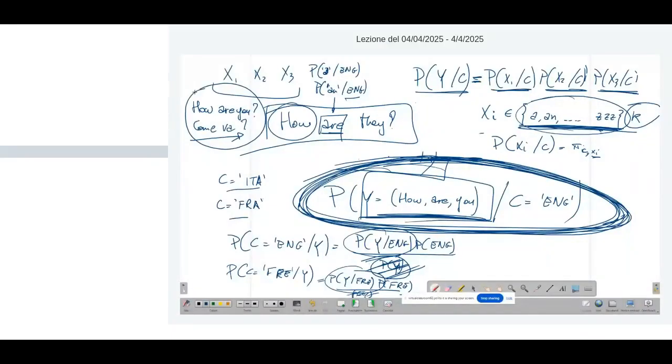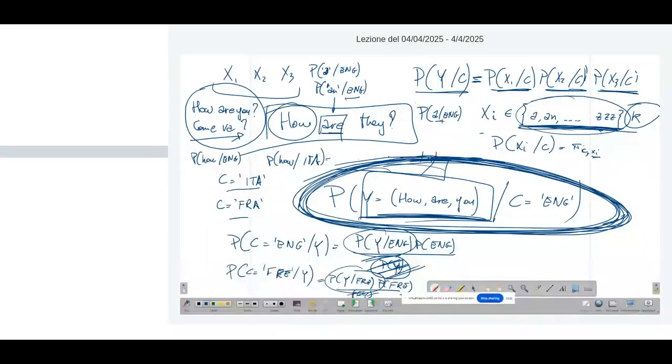Then, for example, the probability of how given English will be large, while the probability of how given Italian will probably be very small, because we don't see the word how in Italian. Probability of A, well, that's not very different, because A is used in English, a cat, and A is used in Italian.